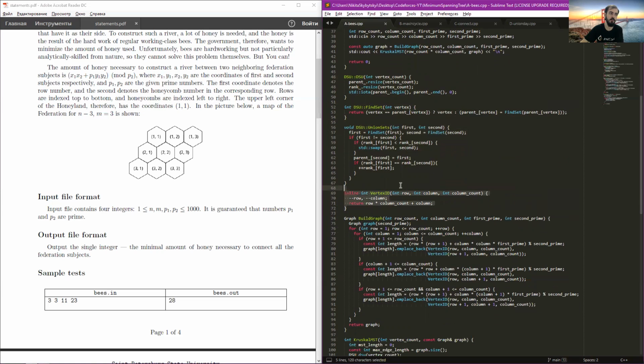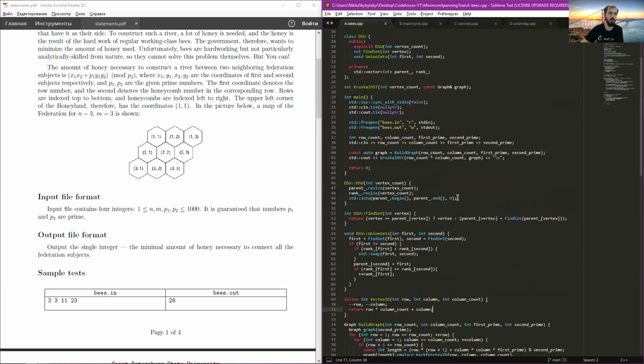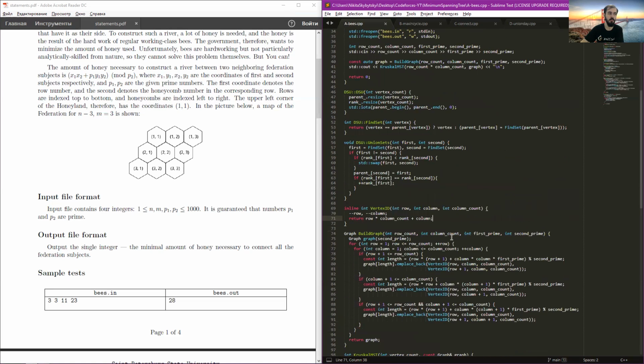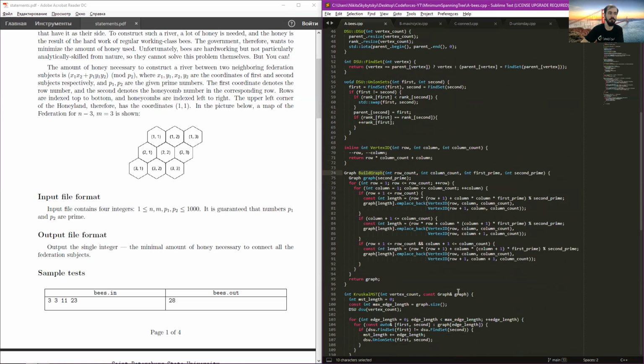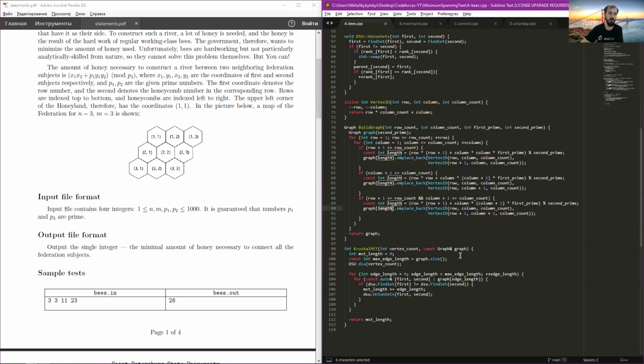Also, I have a helper vertex ID, which basically converts a row and column to an ID. I have a build graph function that effectively loops over all edges and adds each edge into the correct bucket. So I have a vector of vectors of edges. First, they are indexed by length, and then in whatever order they arrive in.